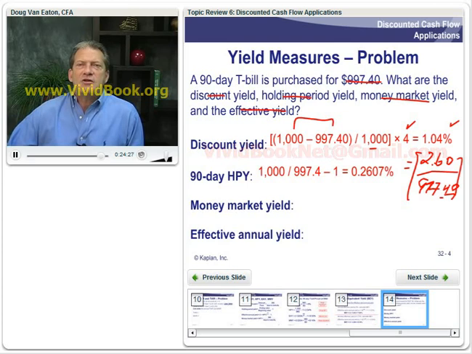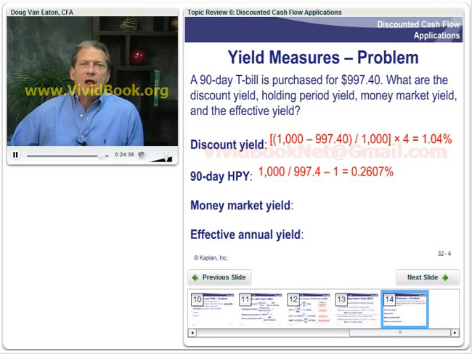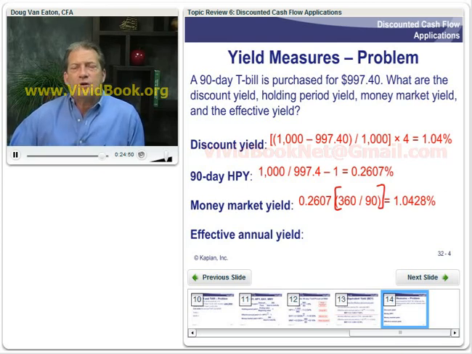So that's our 90-day holding period yield, the percentage increase from $997.40 to 1,000. How about our money market yield? Well, we just need to annualize that holding period yield on a simple basis, 90 days versus a 360-day year for this calculation.